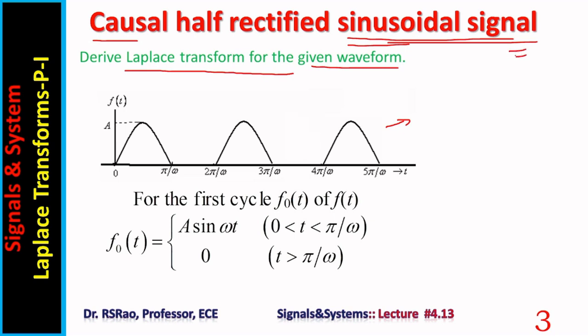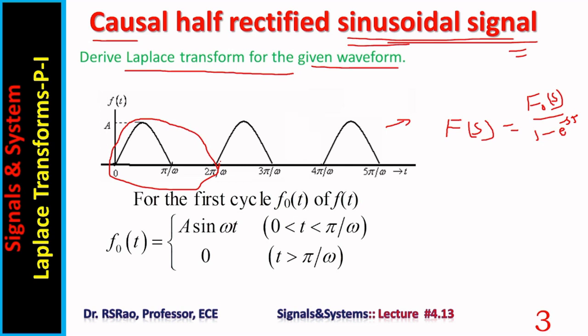To find Laplace transform for this signal, we have a standard formula: F of s is F naught of s divided by 1 minus e power minus sT. Here capital T stands for the time period of the periodic signal, and F naught is the Laplace transform of the first cycle of the signal, this one.